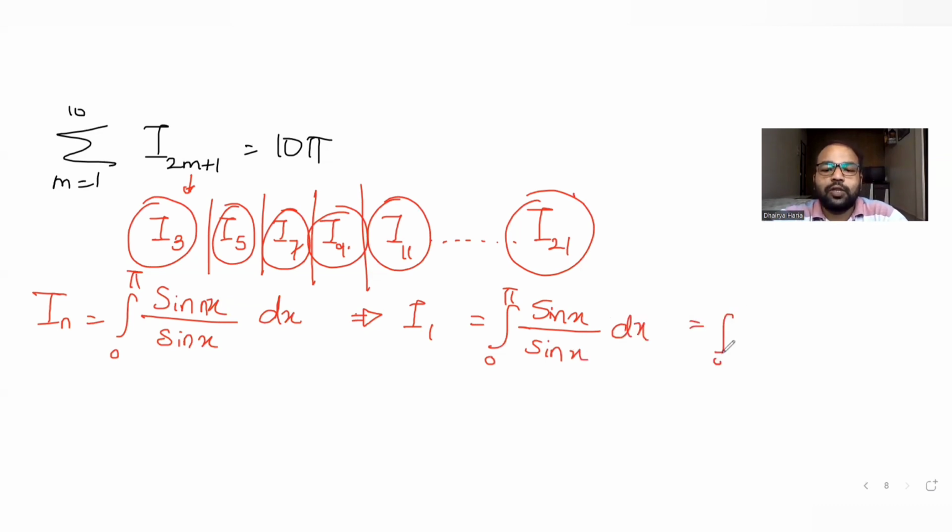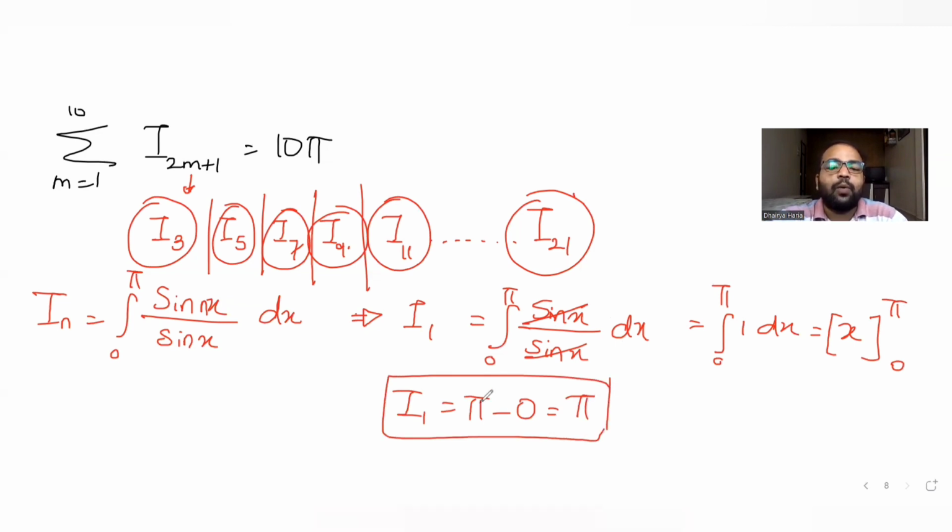If I solve this, the sin x gets cancelled. You get the integral of 1 dx, and the integral of 1 is x, with limits from 0 to pi. That gives you the value of I_1 as pi minus 0.